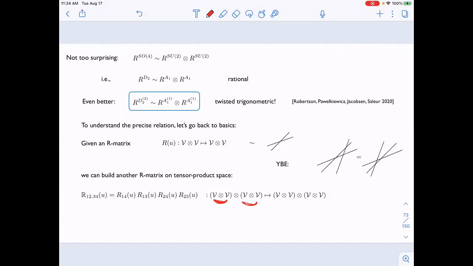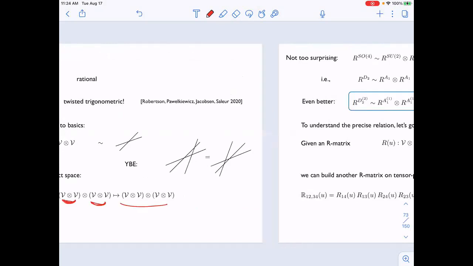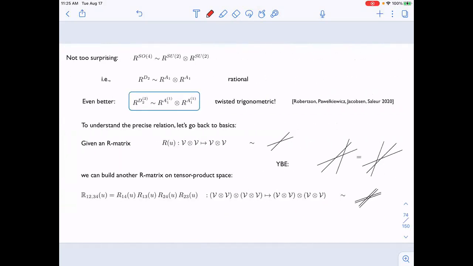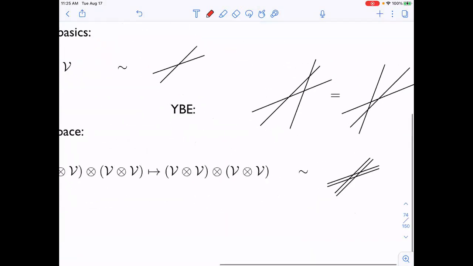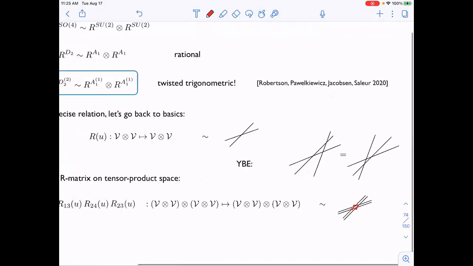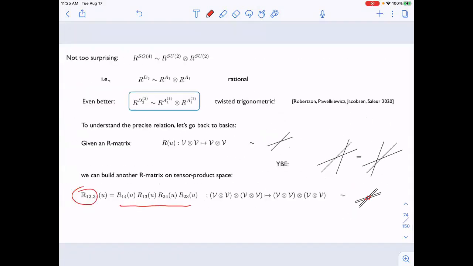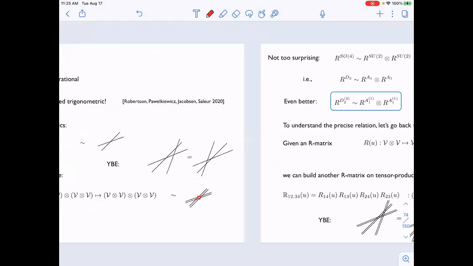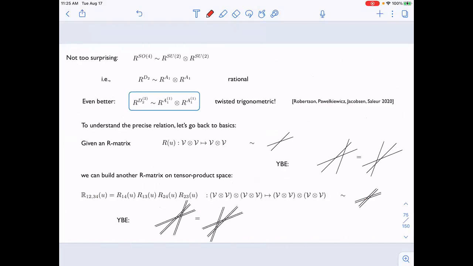So altogether 4 copies of V into 4 copies of V. And the nicest way to think about it is graphically. So this guy here, we can represent now as a crossing of 4 pairs of lines. And then you'll notice, of course, that they meet 4 times, and that's exactly these 4 copies of R. And these blackboard R's satisfy the Yang-Baxter equation.